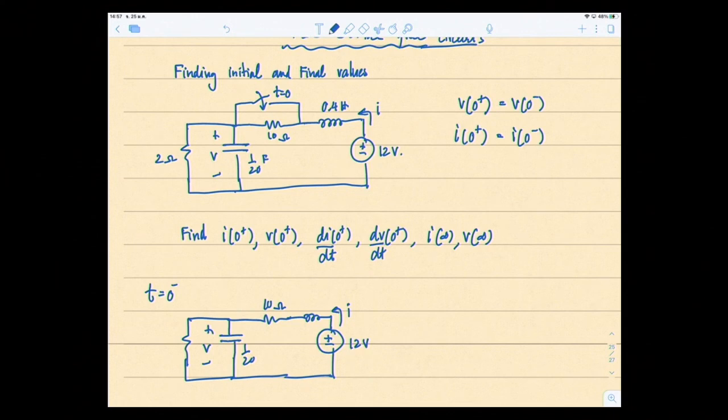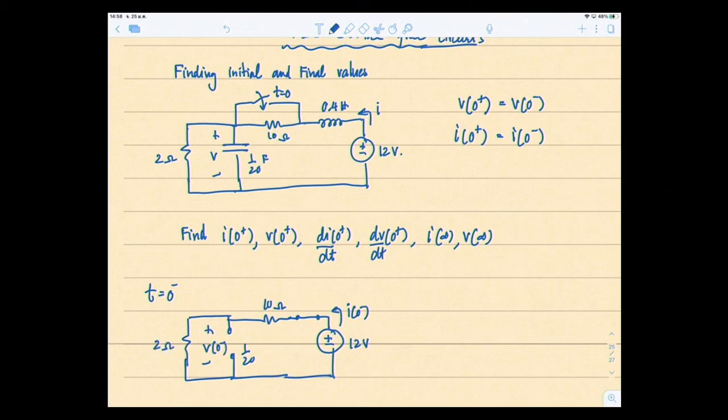So your capacitor acts like an open circuit, and your inductor acts like a short circuit. Your circuit would look like this, and this is 2 ohms.